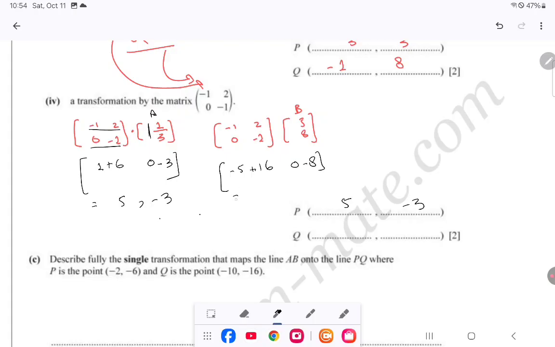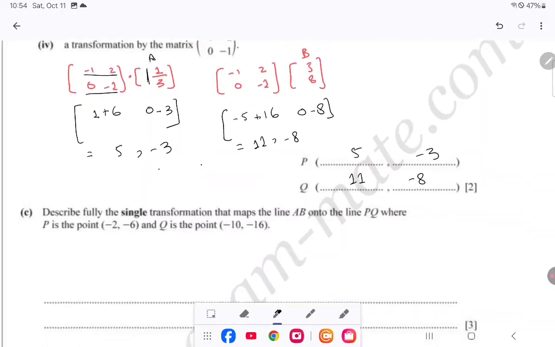Solve it further. 11 comma negative of 8. This is the solution of part 4.